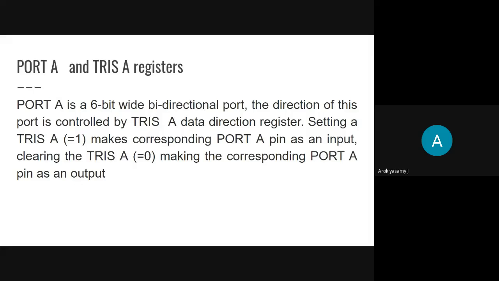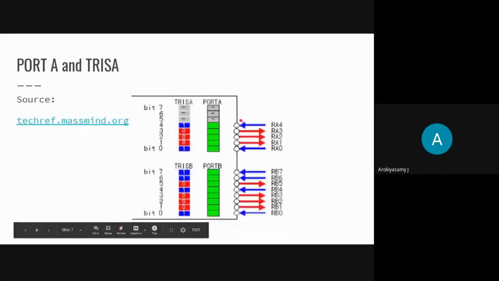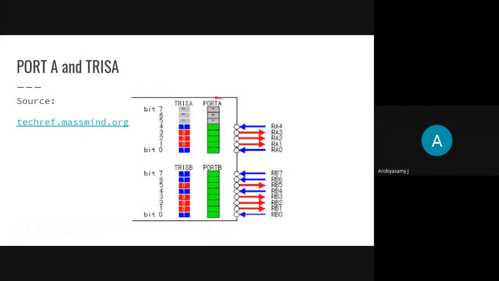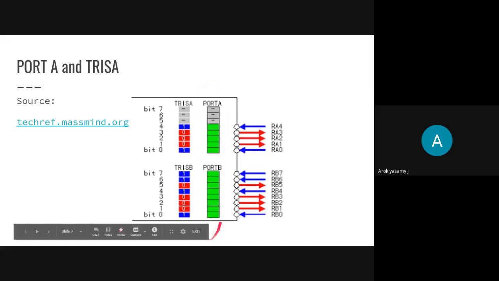Similarly, here the terminology is different: TRISA, or TRIS. In the next slide you will become more clear. So this is port A with 6 bits, and port B. In port A, this is the TRIS register.